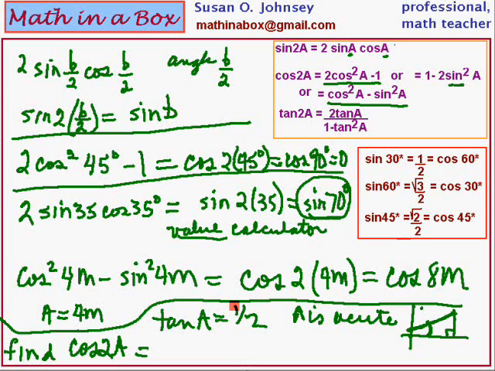The tangent is the opposite side divided by the adjacent side, or some people remember it as y over x. Your y side of your triangle is here. That's 1. And the adjacent here is the 2, or the x. Now use the Pythagorean theorem: 2 squared plus 1 squared would give you 5, so this hypotenuse is the square root of 5.